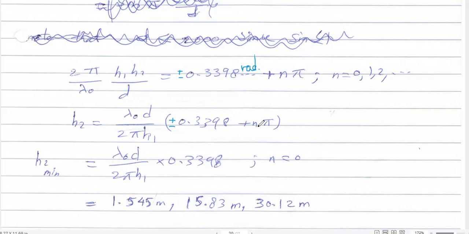For n equal 1, I think here we have two values. We have another value here. You can calculate it.